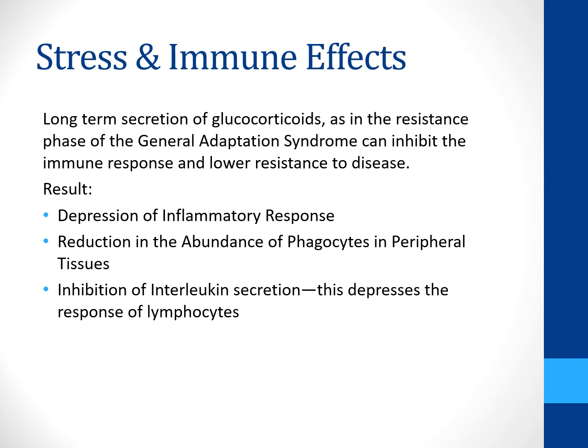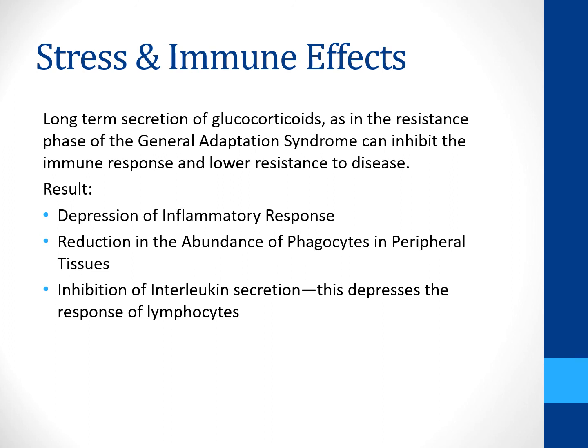Long-term stress can lead to the release of glucocorticoids, like when you're in that general adaptation syndrome that we talked about. And so that can inhibit the immune response because it decreases inflammatory response, it decreases the abundance of phagocytes in peripheral tissues, and it inhibits the secretion of interleukins, which is going to depress the response of lymphocytes.